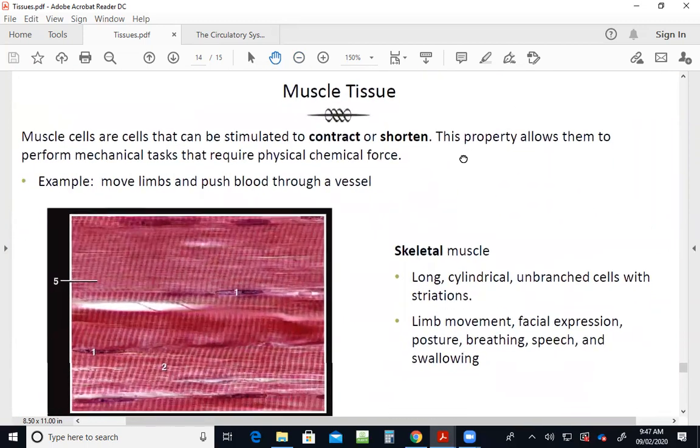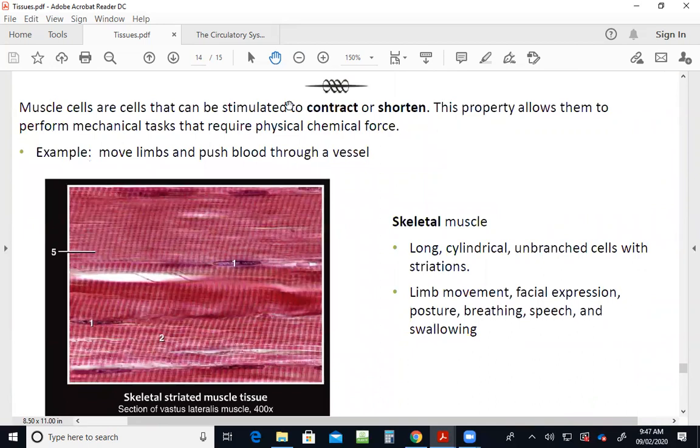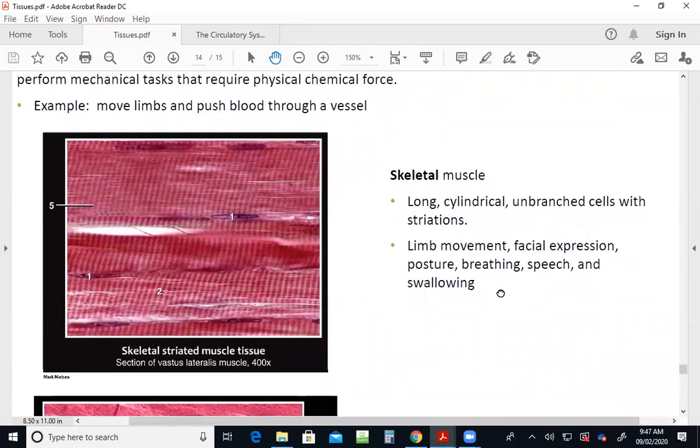All three share properties, one of which is that when they are stimulated, and stimulated by a nerve impulse is what I'm talking about, they contract or shorten, which enables them to perform mechanical tasks requiring physical force. Things like moving your limbs, which you guys are doing to write your notes, pushing blood through a vessel, digesting food with your stomach sloshing around, so on and so forth.